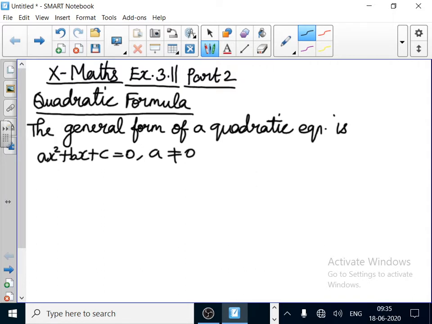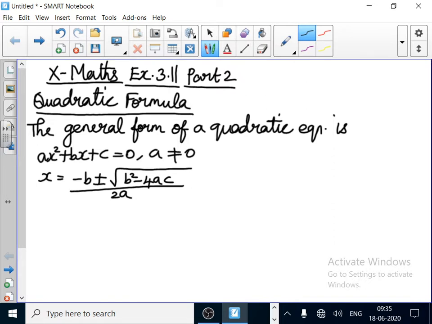It is a quadratic equation in the variable x. For the solution we have to write x equal to minus b plus or minus square root of b squared minus 4ac, whole divided by 2a. So using this formula we have to solve the quadratic equations.